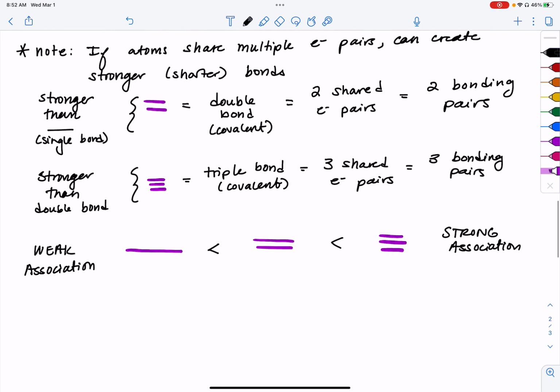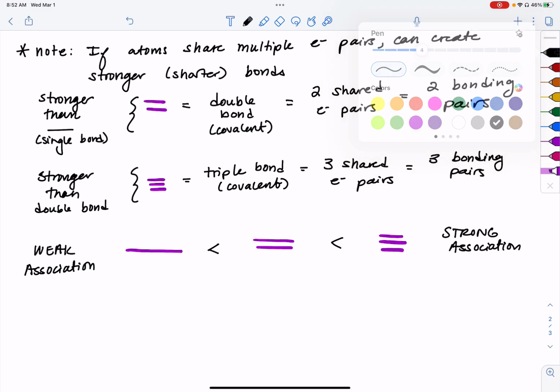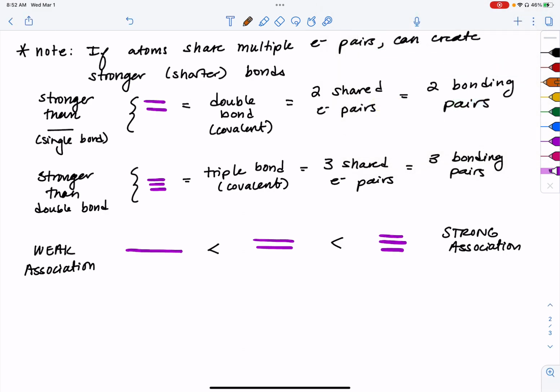But for now, all you need to know is that single covalent bonds are long, double bonds are short, and triple bonds are even shorter, because we have atoms that are closer together.